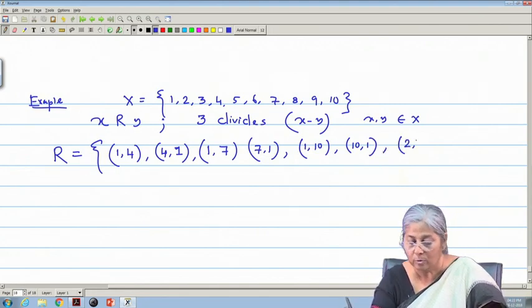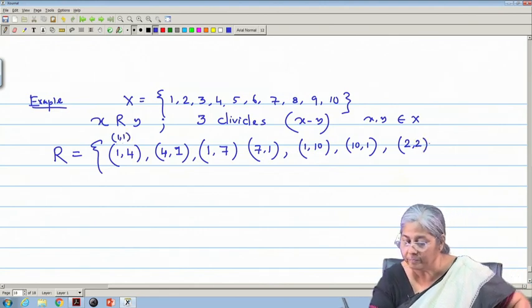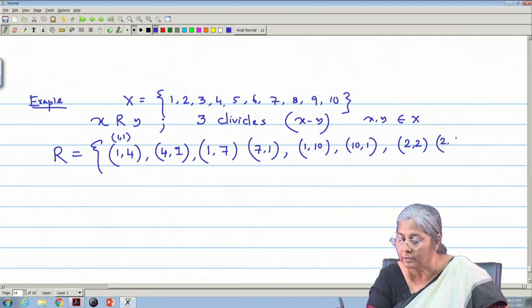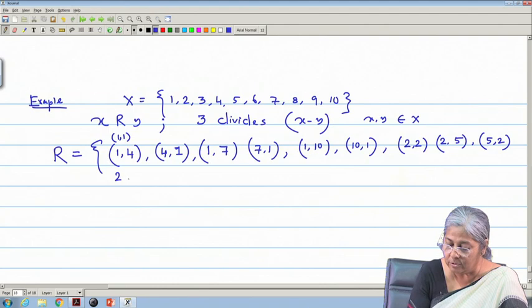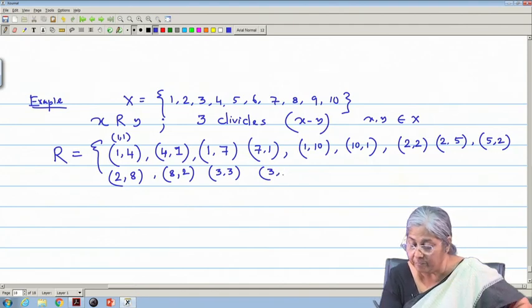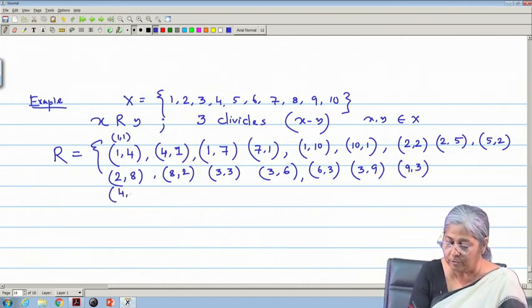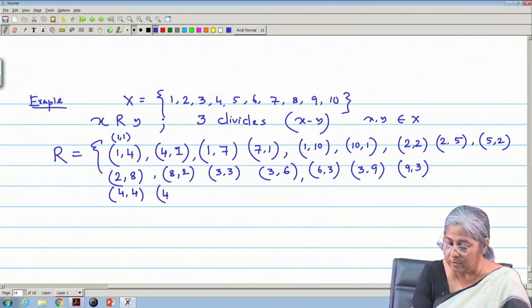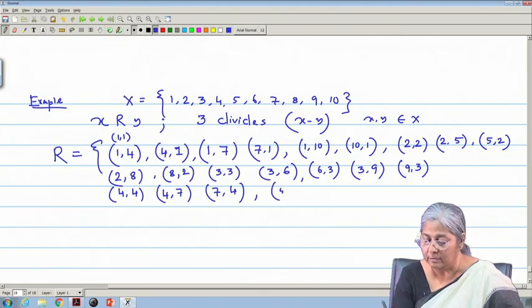Then I should take 1 1 also, first, then I should take (2,2), then (2,5), (5,2), then (2,8), (8,2), then I have (3,3), then I have (3,6), (6,3), I have (3,9), (9,3), I have (4,4), then I have (4,7), (7,4), because x minus y is divisible by 3, and I have (5,5).